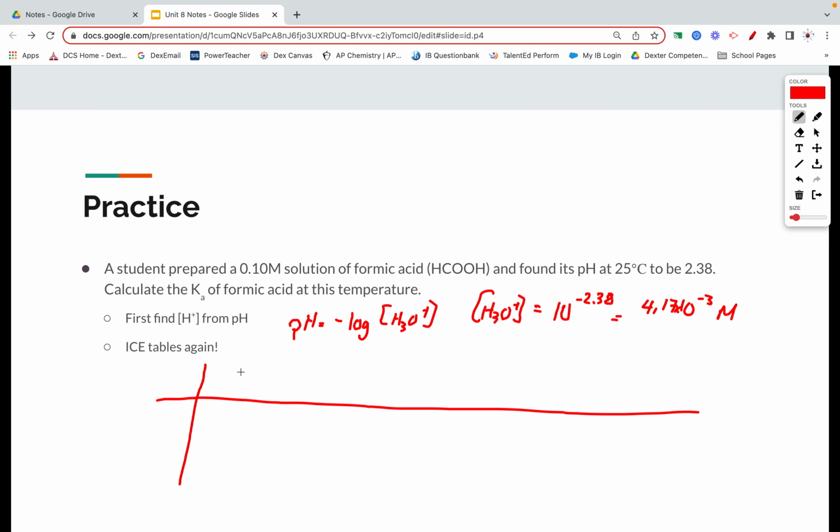So our reaction is formic acid reacting with water to form our hydronium and our formate ion. We're not going to worry about water.